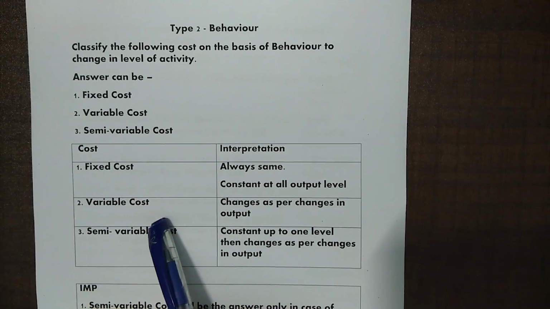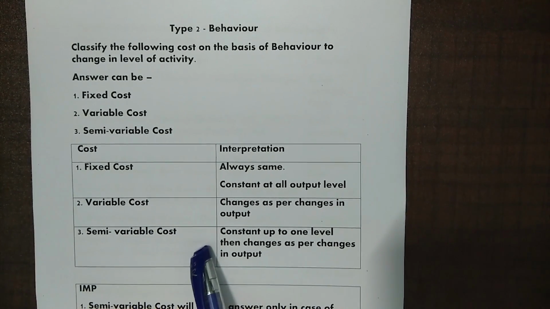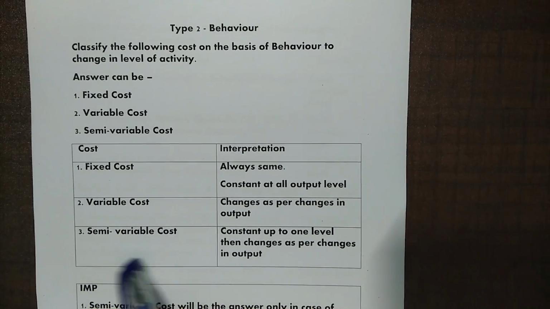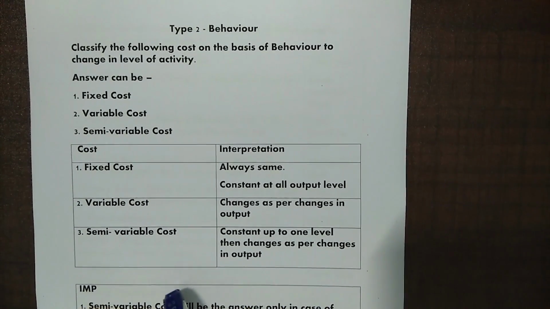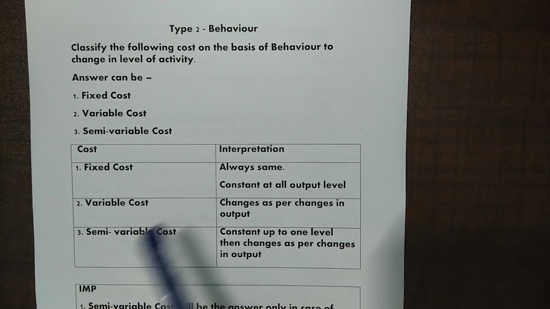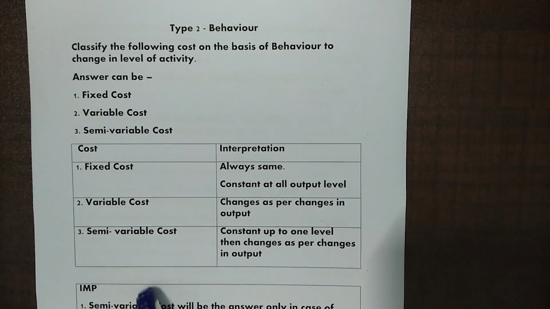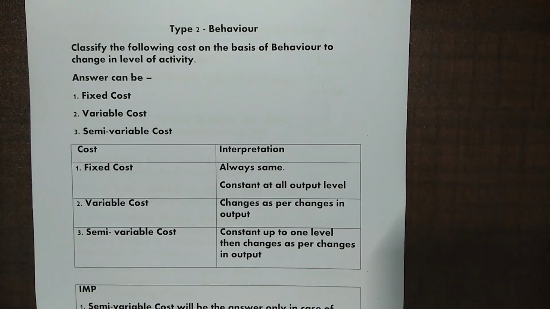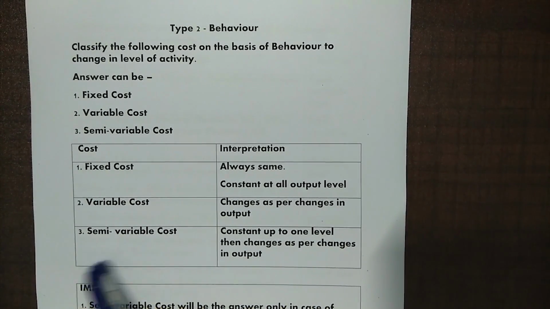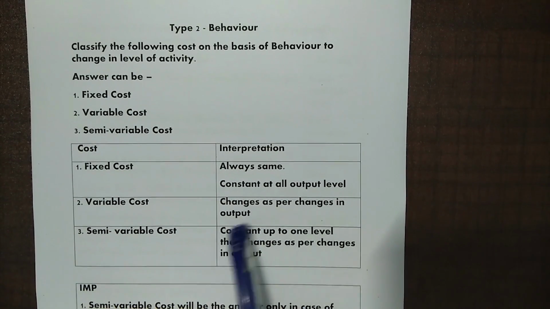What does it mean? Suppose I have taken a plan where for the first 100 MB the service provider charges me only 5 rupees, and after that, if I utilize 101 MB, for that extra 1 MB of my data card they are going to charge me an additional amount.